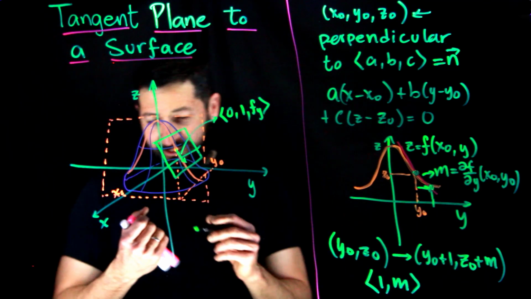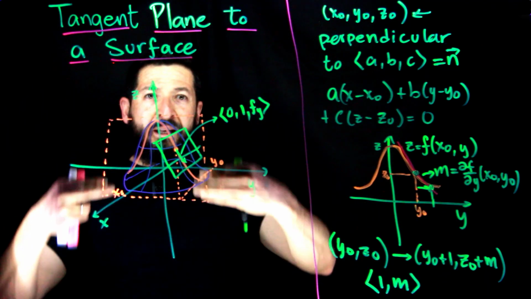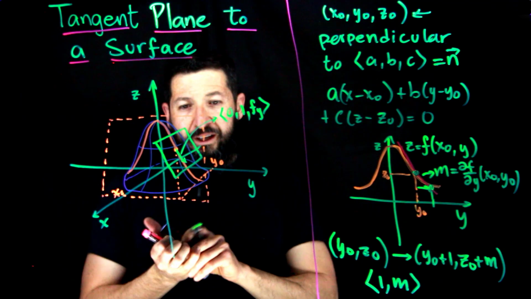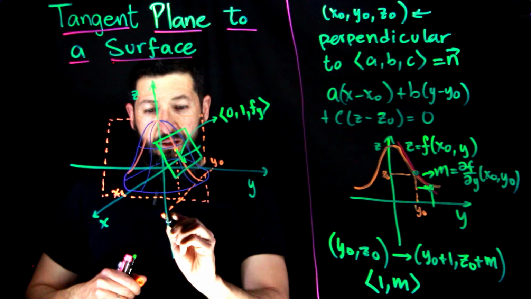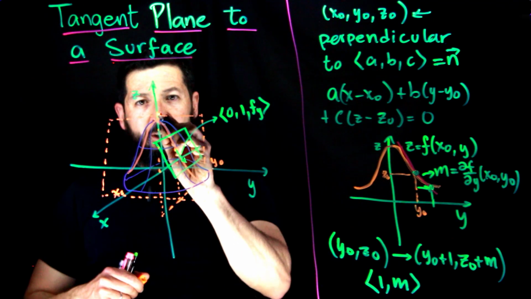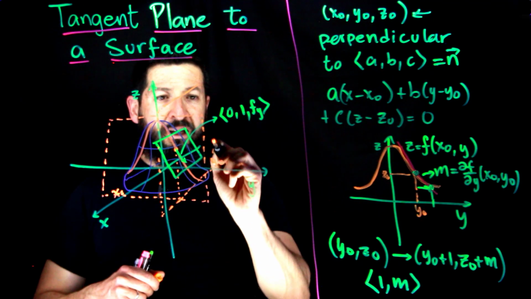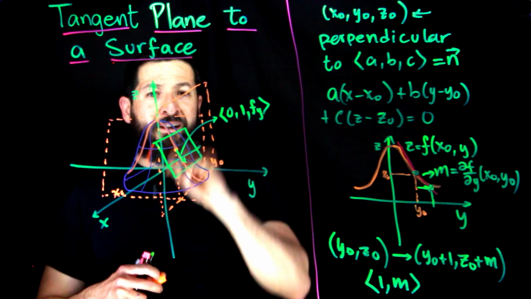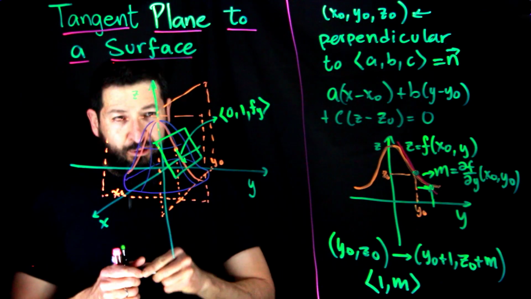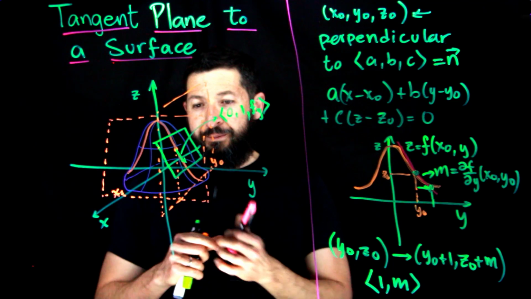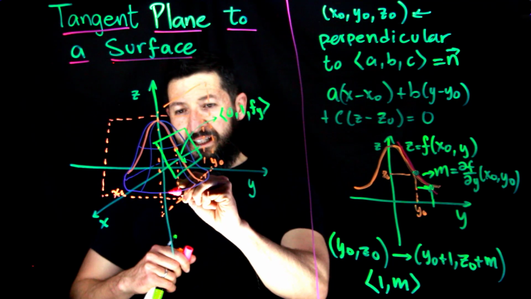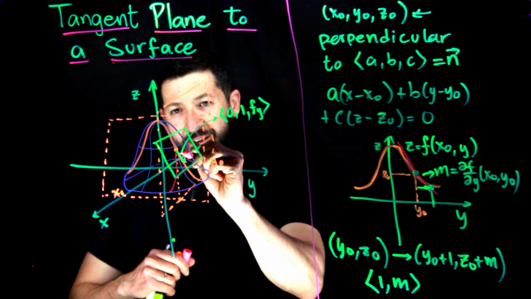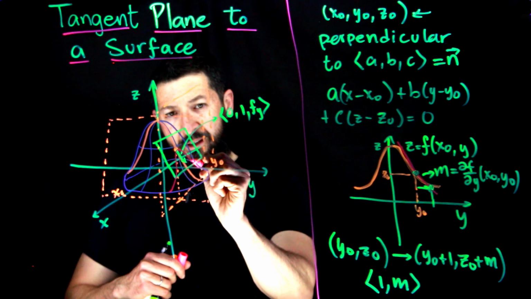Now, if I, instead of cutting on this plane x naught, I would cut on this plane y naught. And this is going to start getting a little bit messy, but I'm going to transport it to the other side. So let's try to draw it in pink. I would get a curve that looks kind of like this, in this direction.